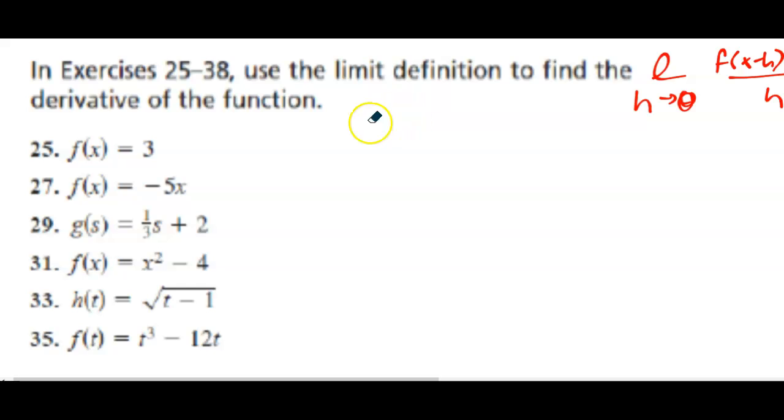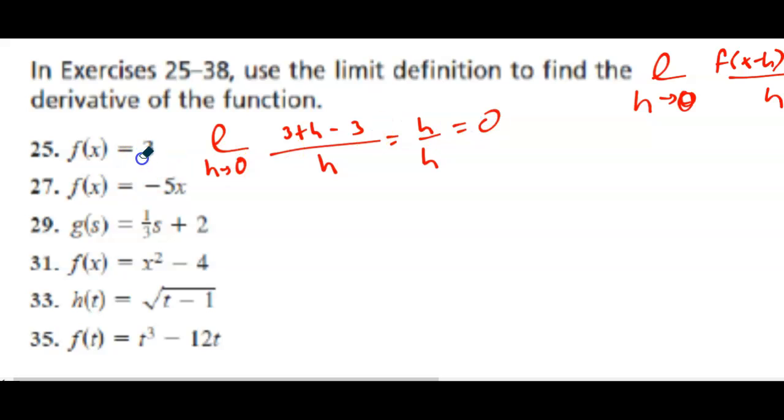We're going to say the limit as h goes to 0 of, this is our function 3, so we're going to say 3 minus 3 all over h, right? So the 3's cancel, I'm left with h over h. And so if we plug in 0, we get 0.